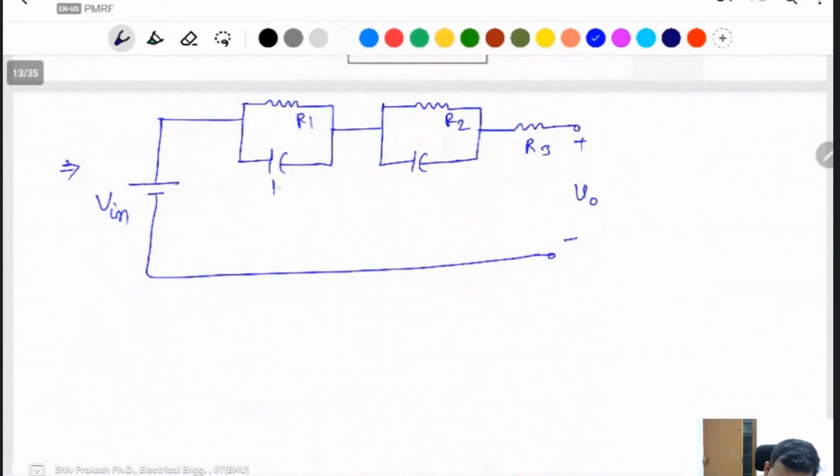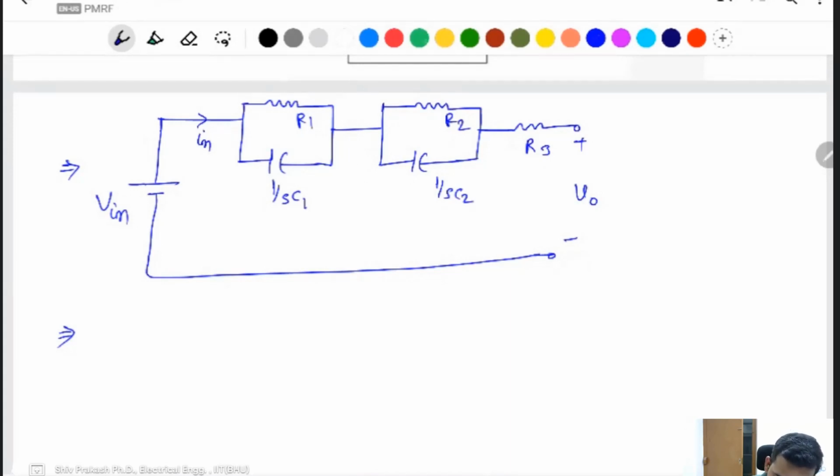That's why I have taken this one as 1 by SC1 and this one as 1 by SC2. They are both constant, so I have taken the same V in and V out. This one is the input current.